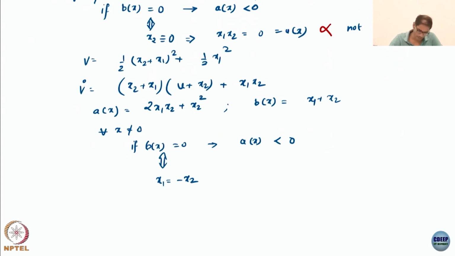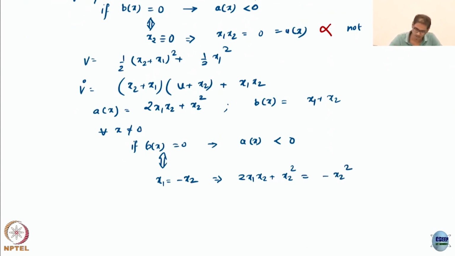Correct? Okay. Now this implies what? 2x1 x2 plus x2 square is actually equal to what if I substitute x2 equals minus x1, or x1 is minus x2? This is minus x2 squared, whichever one, you can write either one.